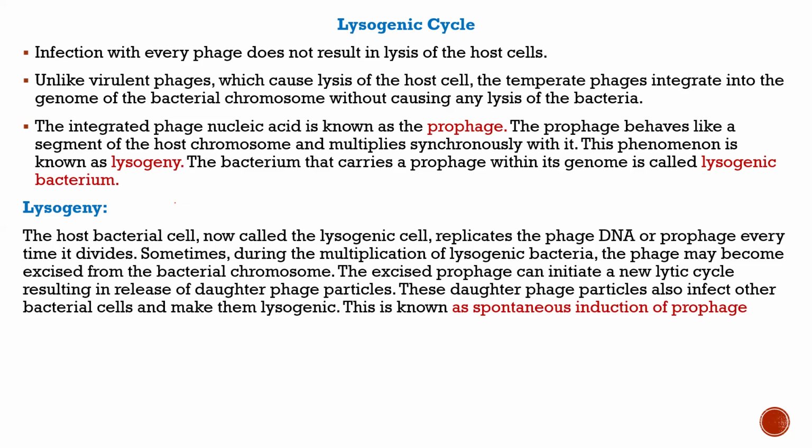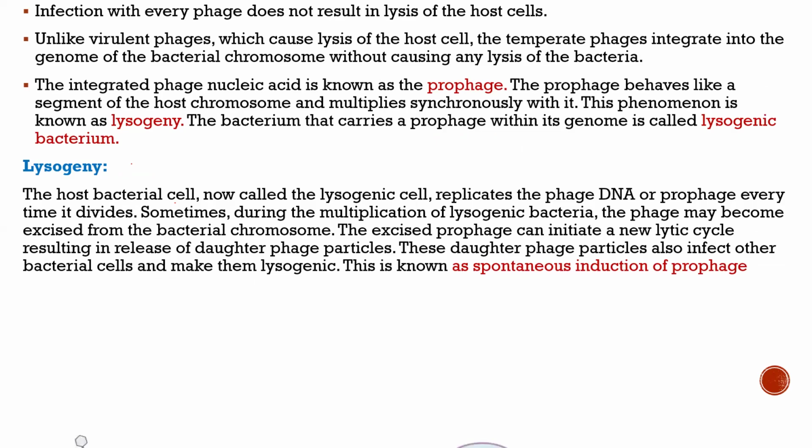So when the bacteria is growing and replicating, they too will be replicating alongside the bacteria. They will not cause any harm to the bacteria. They'll be replicating with it, growing with it. They also remain dormant, okay? So that's what lysogeny is talking about.